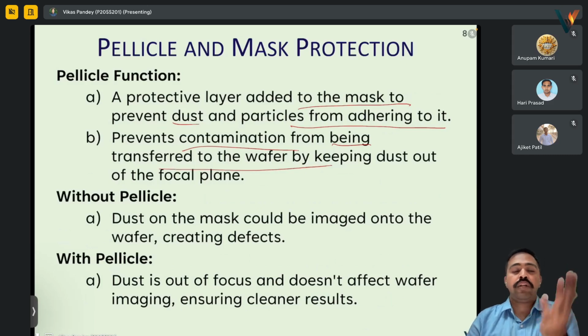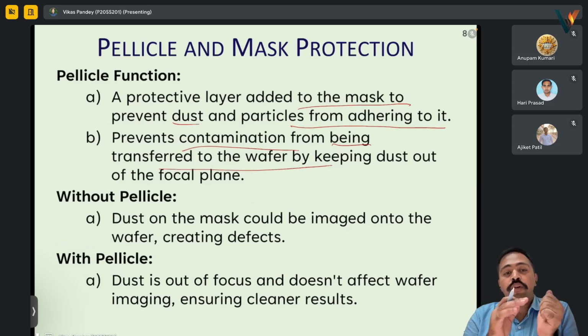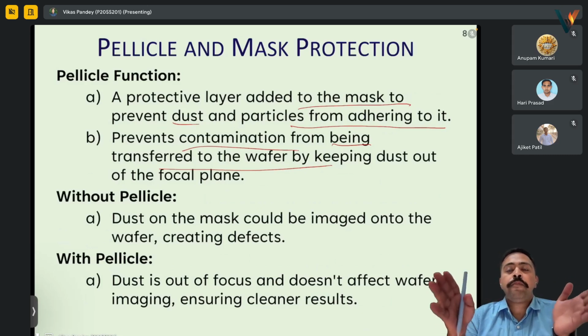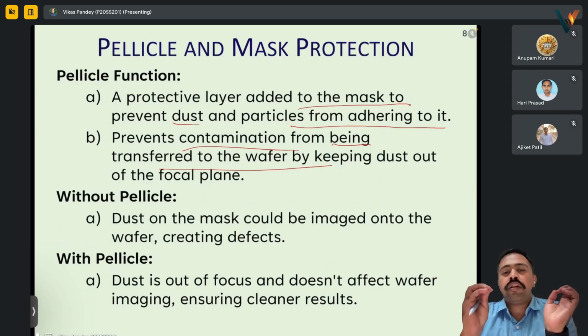So it is kind of a dust repellent part. Without a pellicle, the dust will get charged since it is glass, and dust particles will adhere to it. So this is a coating that keeps dust a bit away, so that we get less contamination in our imaging.